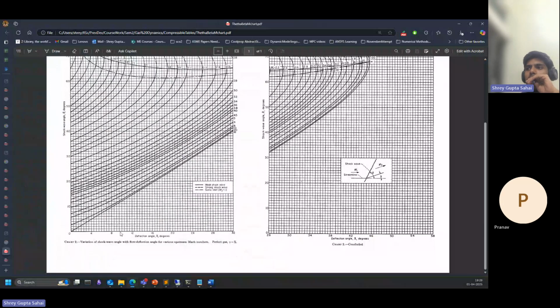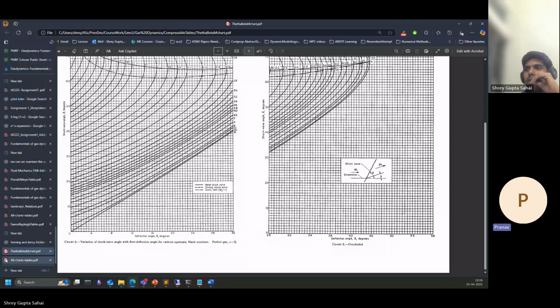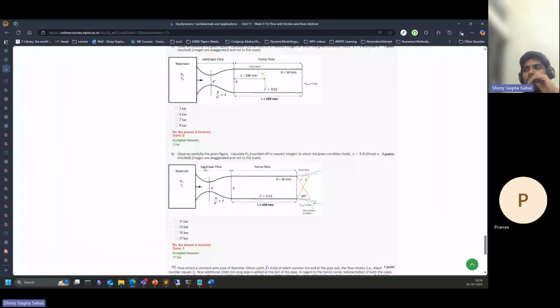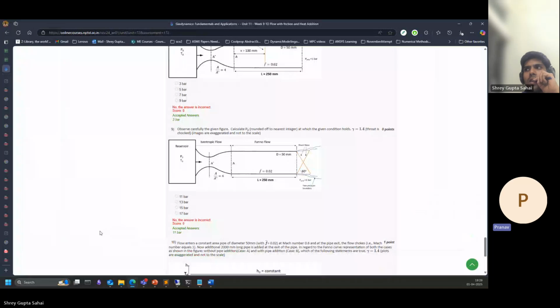Yeah, that's fine. The deflection angle we get is 9.4. I'm getting a 0.3 degree difference, but that won't make any change. It was 9.7 actually, maybe.